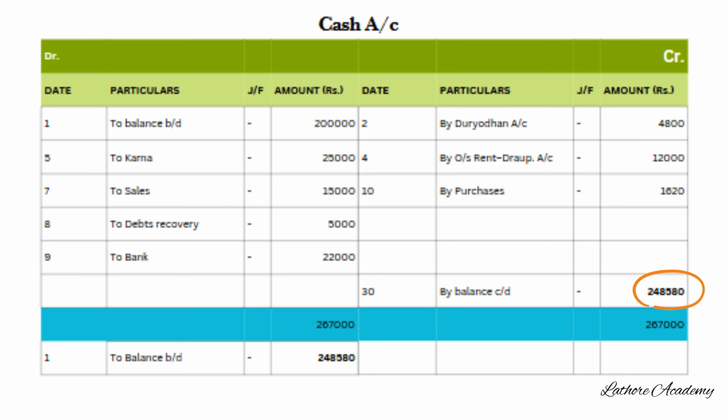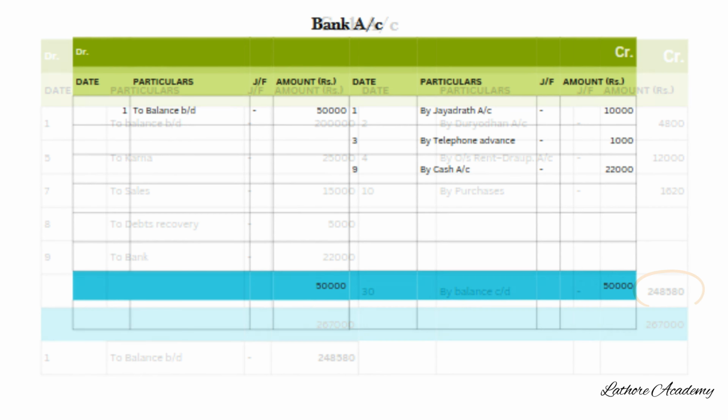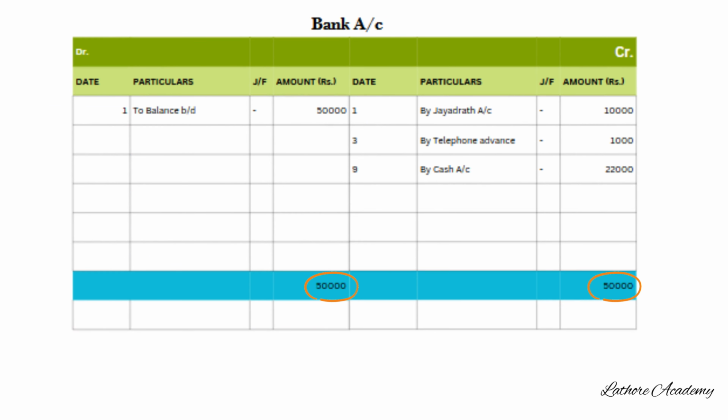So remember students, the steps for ledger balancing: first check the totals of both sides, then write the highest total on both sides, compare and arrive at a difference amount as a balancing figure.